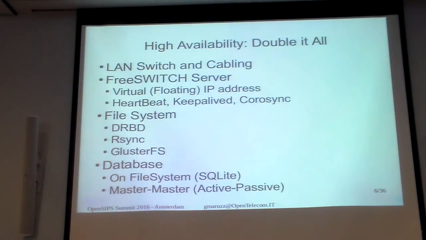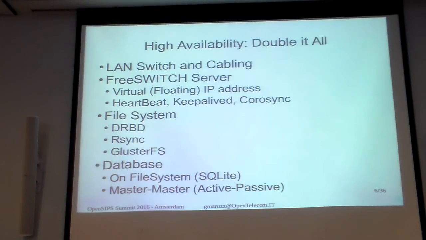And for this, you will be using DRBD or rsync or GlusterFS or NFS to keep the file system synchronized. You will do the same for the standard database that is kept on the file system.